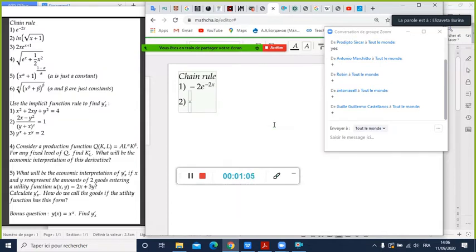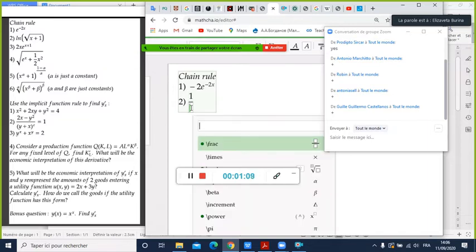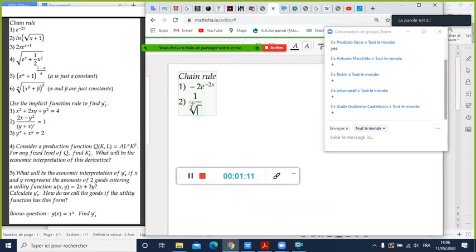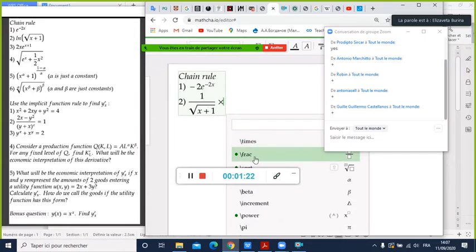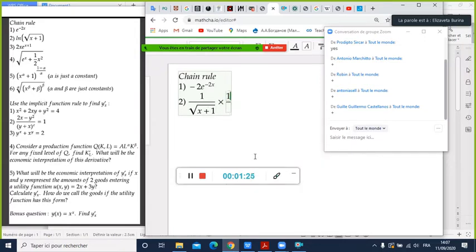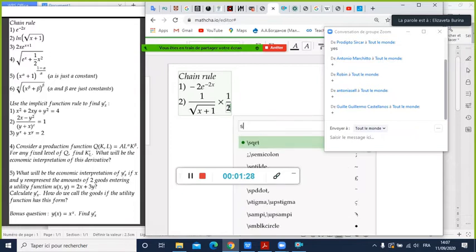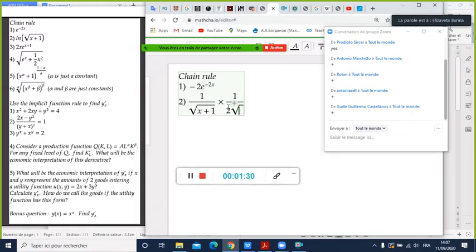So we go with a fraction of 1 over the square root of x plus 1, and then times the derivative of the square root itself, so that will also result in a fraction of 1 over 2 square root of x plus 1, and that's it.